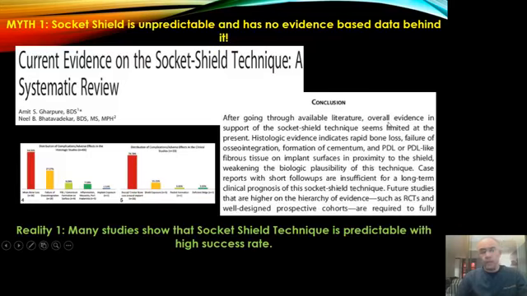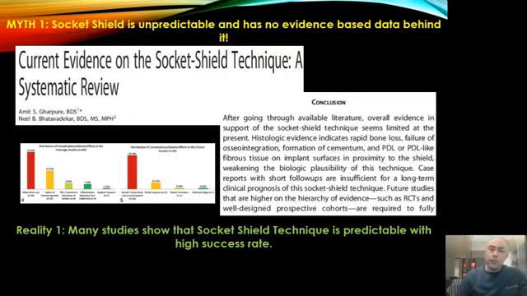On the other hand, we have one systematic review trying to cover all the studies that have been published about the socket shield itself. Amit, my friend Garpur, from India, they published this systematic review, and they reviewed mainly 23 papers, and they concluded that the socket shield has a high failure rate.